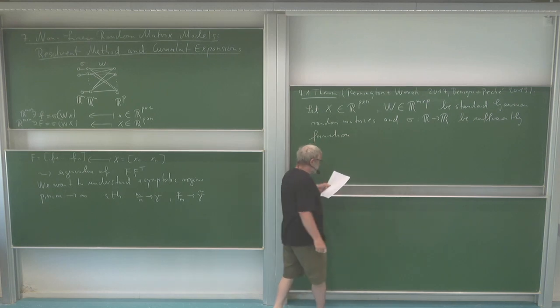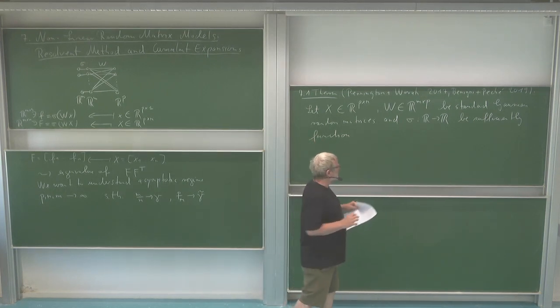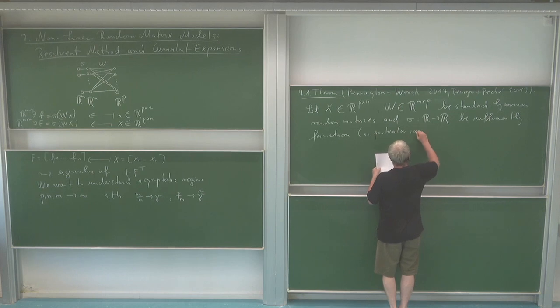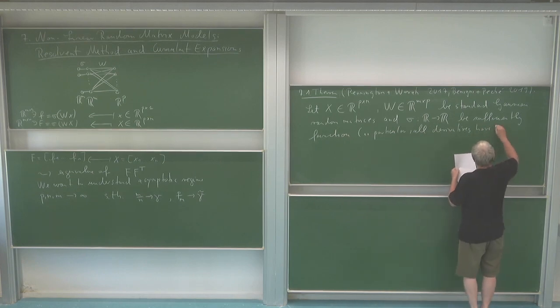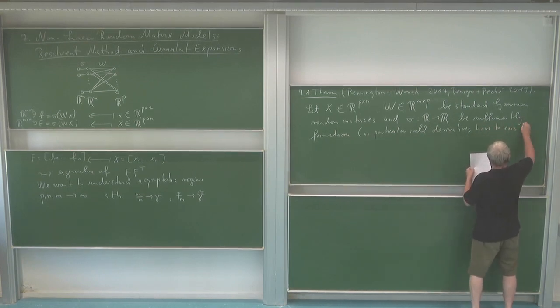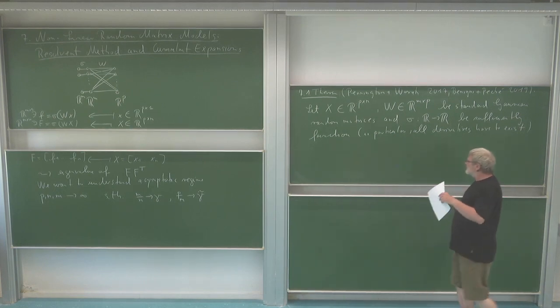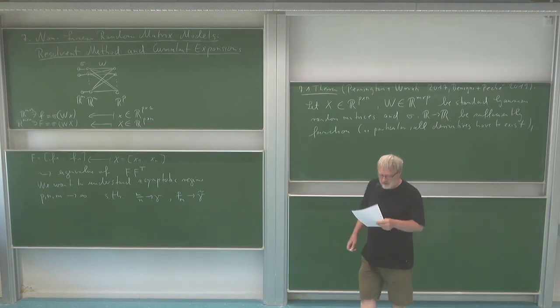And maybe I'm not really specifying this. In particular, all derivatives have to exist. So maybe that's the main thing. It really should be differentiable. So all derivatives have to exist. Which of course for the ReLU function is not the case. But nevertheless, I think one still thinks that things should also work in this case.